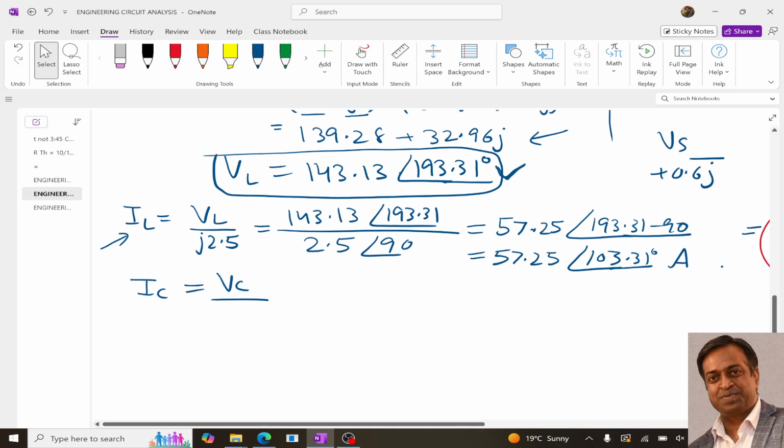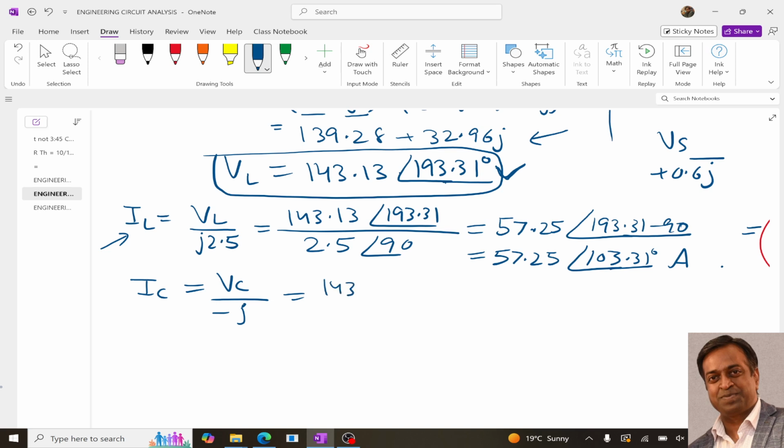So it is minus J, and for this minus J, VC is 143.13, angle 193.31, and for this minus J, it will be 1 angle 270, or it can also be written as minus 90.